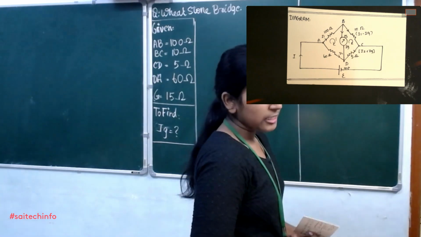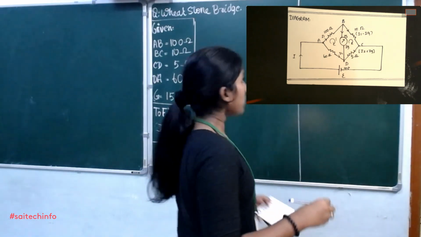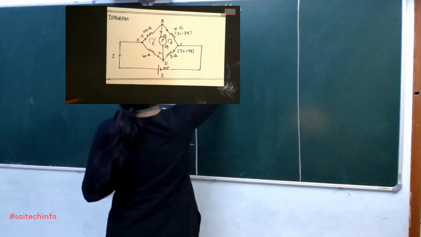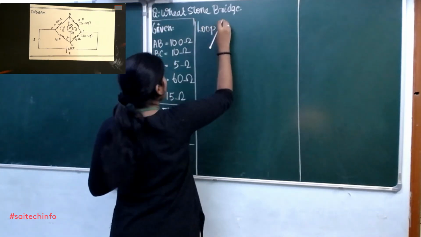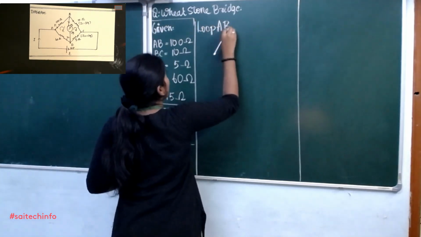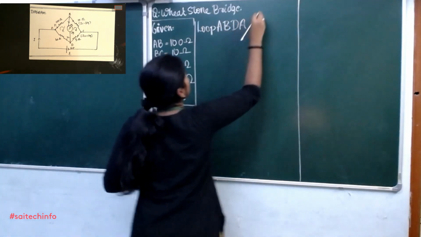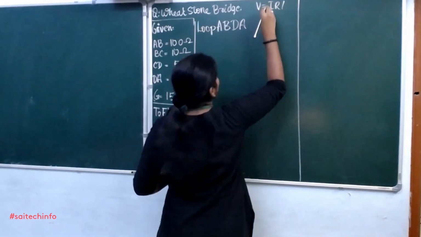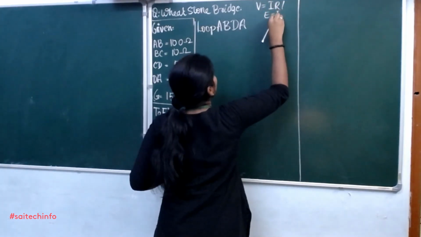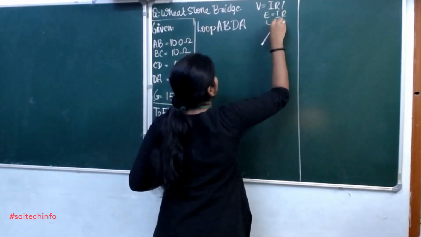So from the loop A, B, D, A, we are using V is equal to IR or E is equal to IR, where E is equal to 0.